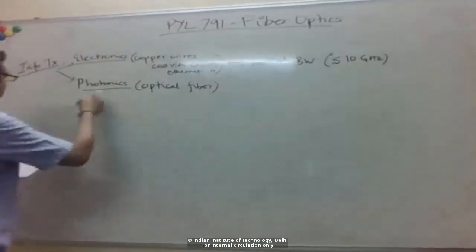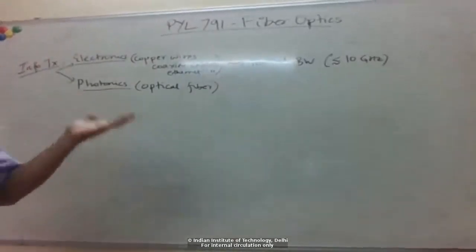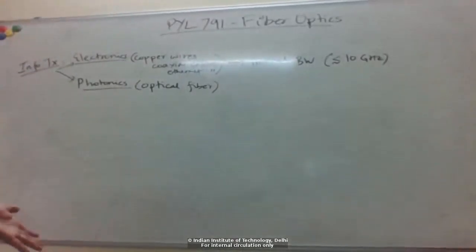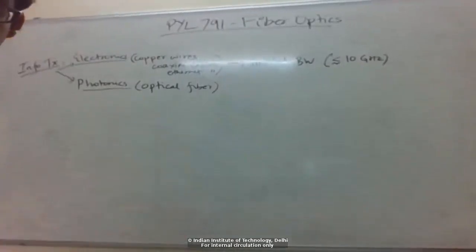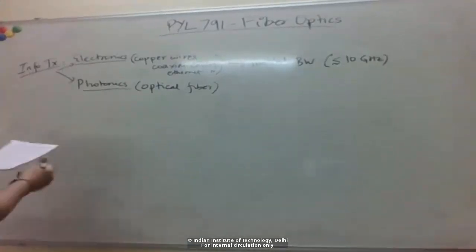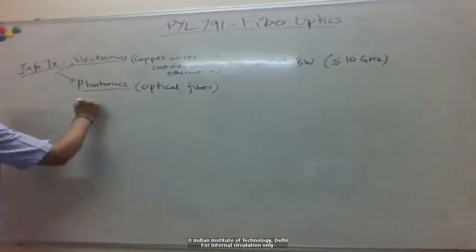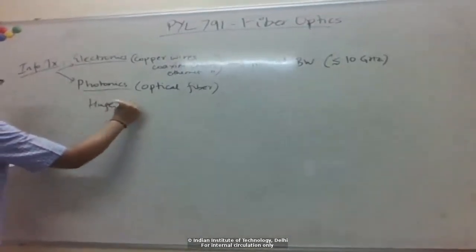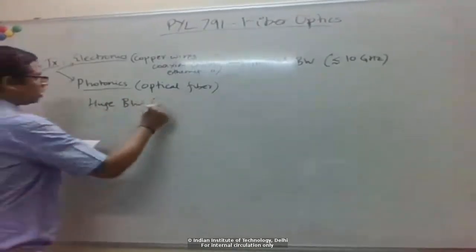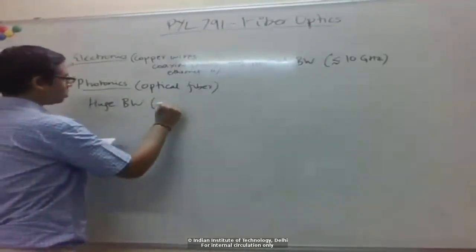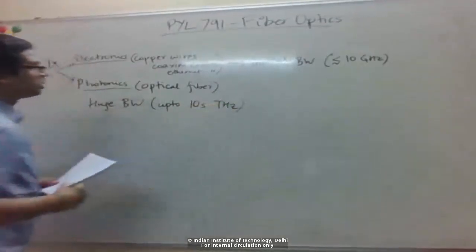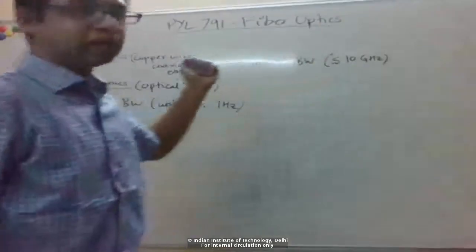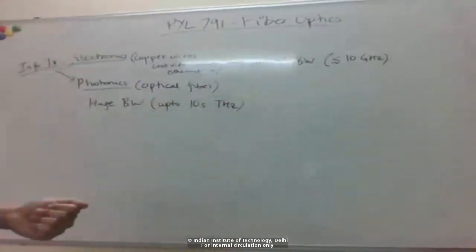But once you transmit information in terms of optical waves, where the carrier frequency now is hundreds of terahertz, the bandwidth that we can get is huge. In principle we can go up to tens of terahertz in bandwidth, so 3 to 4 orders of magnitude larger than what we can get with electronics.